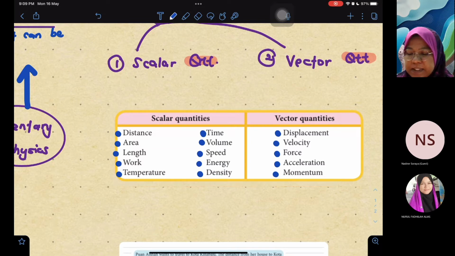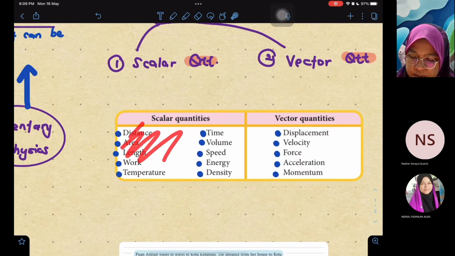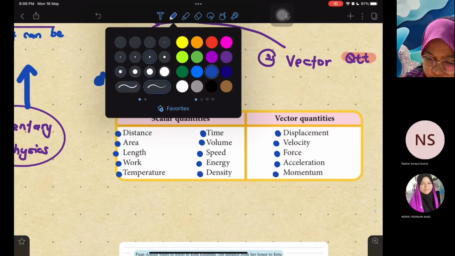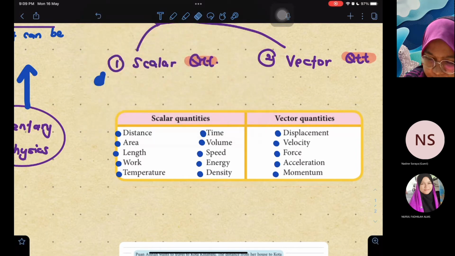Jadi apa persamaan? What are the same characteristics of these all skala quantities? Kenapa kita panggil dia skala quantities? Do you know? Or do you want to try? Jadi, so kalau kita tengok definition, kenapa dia bertulisan besar? Saya padam. Okay, definition. So sini pun ada definition dia.